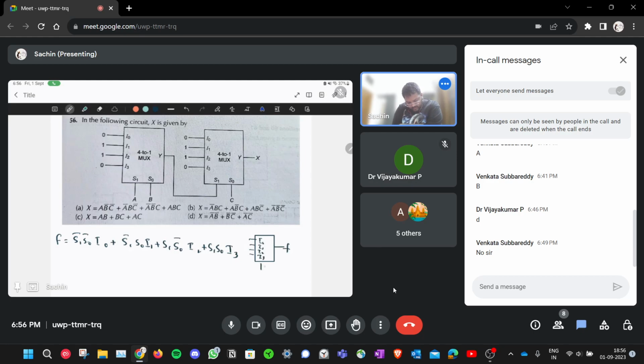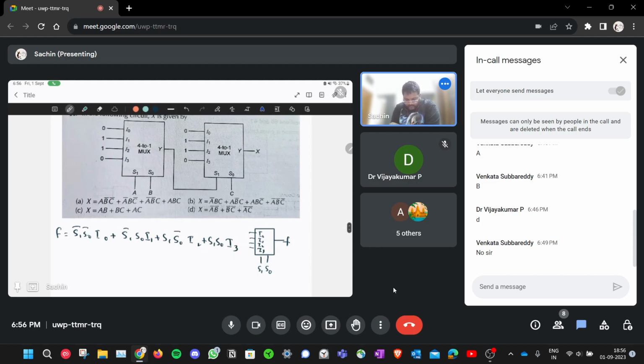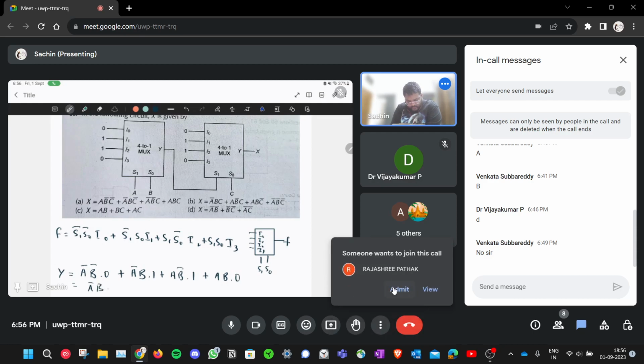Let's call this Y. For the first mux, S1 and S0 are A and B here. So you'll get A complement B complement, I0 is 0. And then A complement B, I1 is 1. A B complement, I2 is 1. A B, I3 is 0. So this turns out to be A bar B plus A B bar.